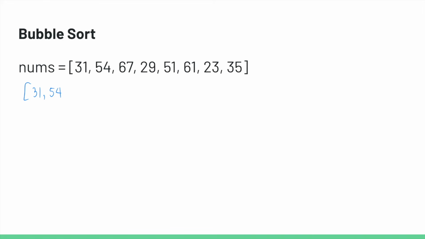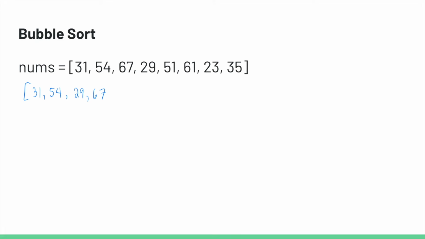Now we're going to compare 54 and 67, but 54 is less than 67, so we're still good. Now we're going to compare 67 with 29, and 29 is less than 67, so we're going to go ahead and swap them. So we'll erase this, and then we'll have 29 and 67.